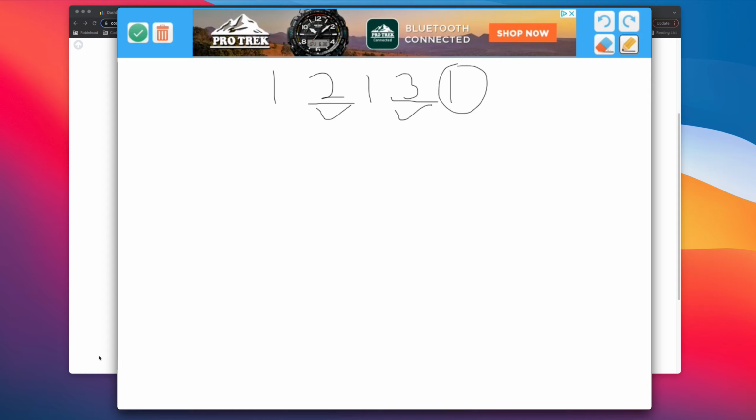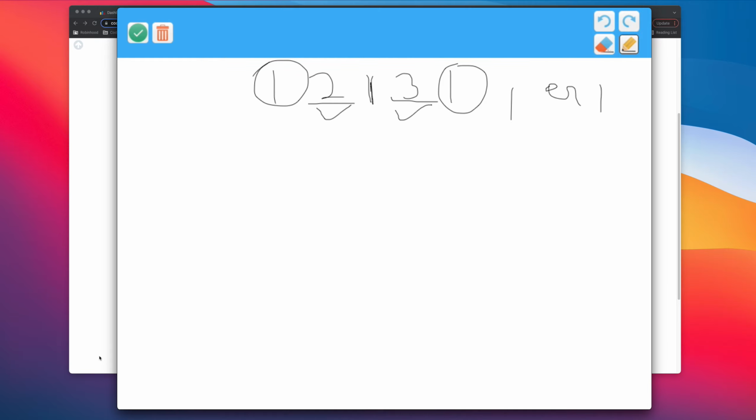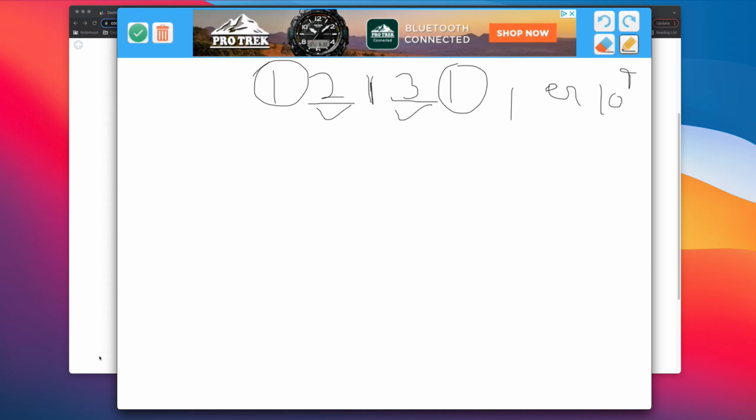The ending elements cannot be local maxima because they only have one neighbor. What we need to do here is change the local maxima to any number between 1 and 10 to the power 9 such that there are no local maxima left.